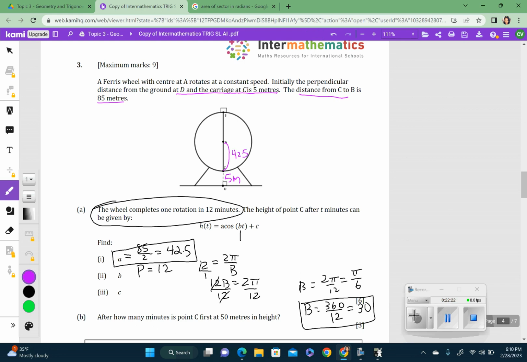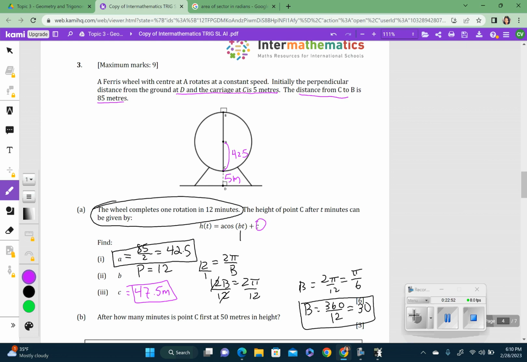So altogether, this distance from A to D is 42.5 plus the 5, so C is going to equal 47.5 meters, okay? All right. And the reason why is because at this minimum point right here, it's negative 42.5, and then this here is 5 meters down from that. So 47.5 is going to be that distance, and that is our C.